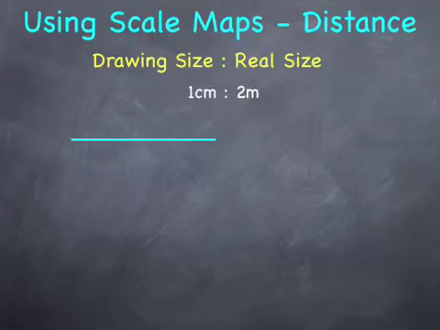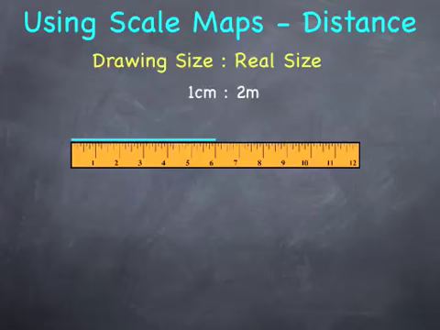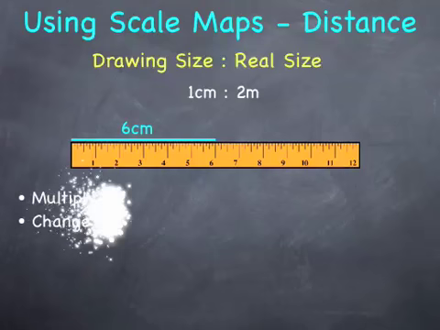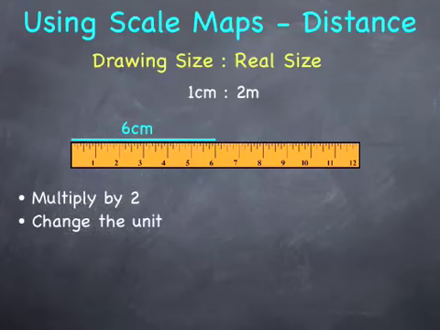Okay, so what you would do is if you've got a line between two towns, a straight line between two towns, you need to measure that line. So as an example, this one is 6 centimetres on a map. So let's assume this is on a map and it's 6 centimetres. Now to convert it from the drawing size to the real size, we need to look at the scale.